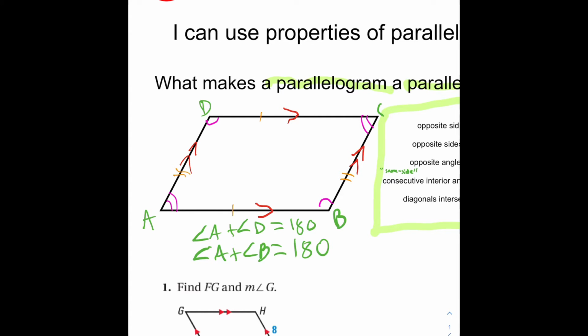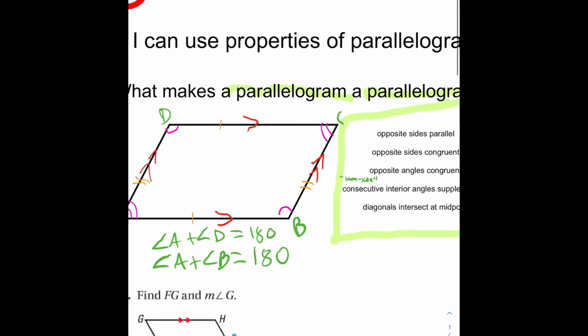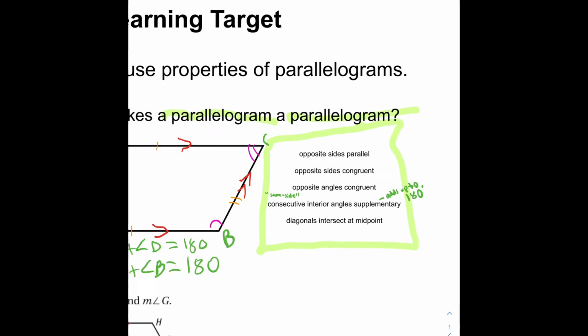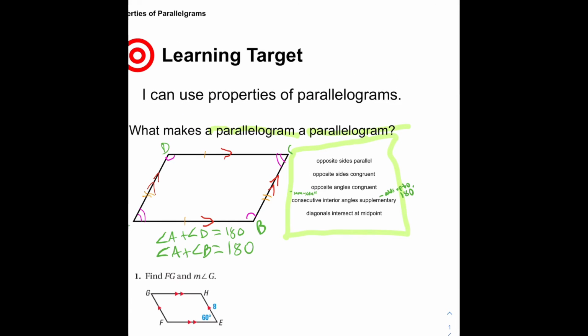Because again, D and B are the same thing. And then the last bit is the diagonals intersect at the midpoint. So again, if I were to draw diagonals here and diagonals here, this would give me the midpoint.